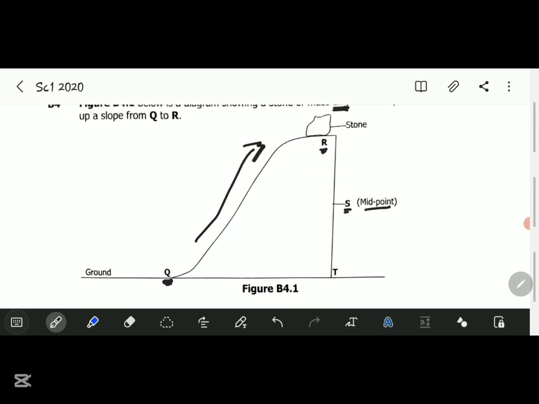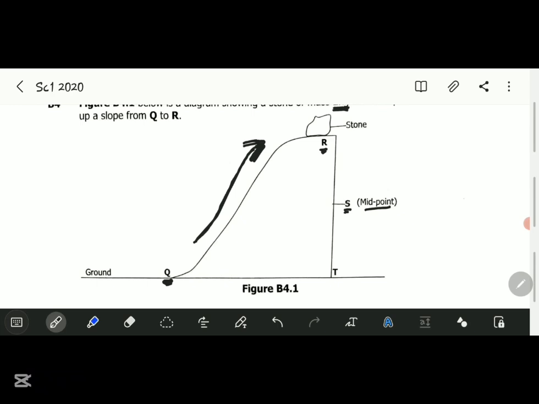For example, one of the things I have seen people saying is that if this stone was pushed up this slope, it means that the work done should consider the distance from Q to R through the slope, which to some extent you may say it may be true.